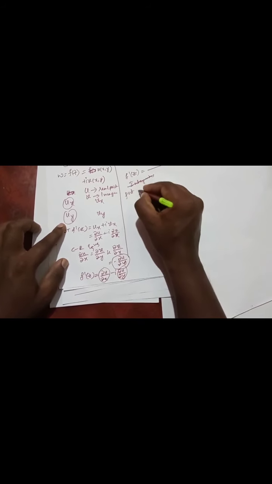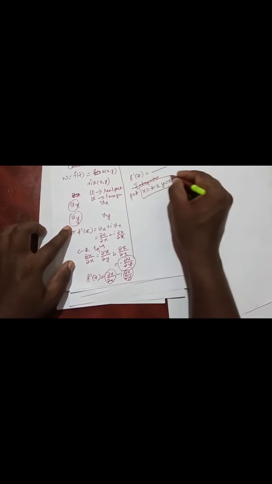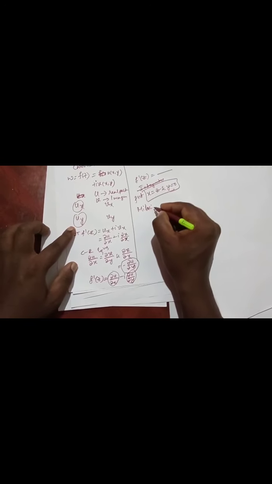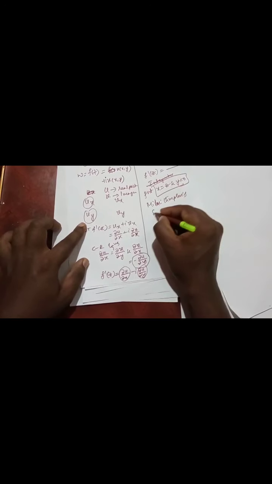So integrate with respect to z. Before going to this integration, we have to substitute: put x equal to z and y equal to 0. These two are Milne-Thomson substitutions.